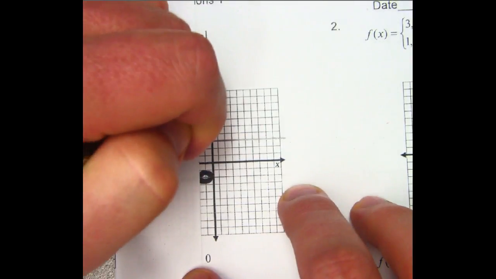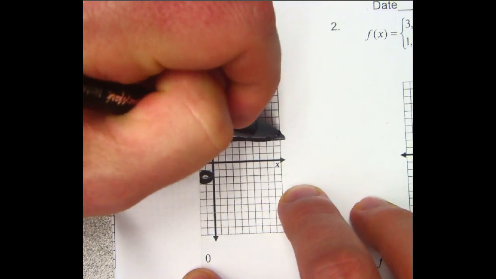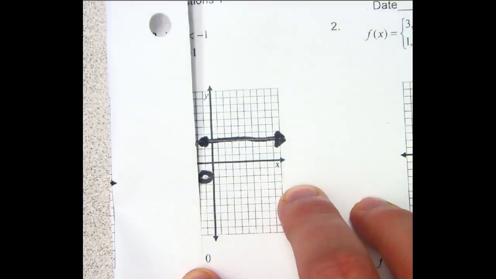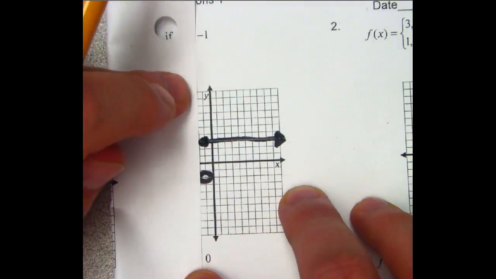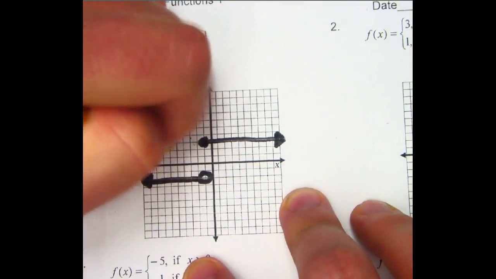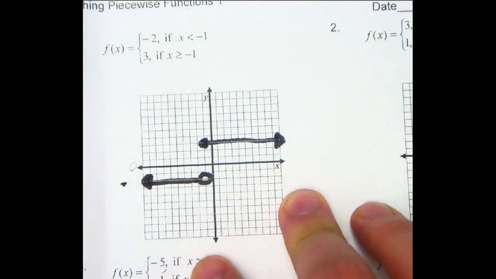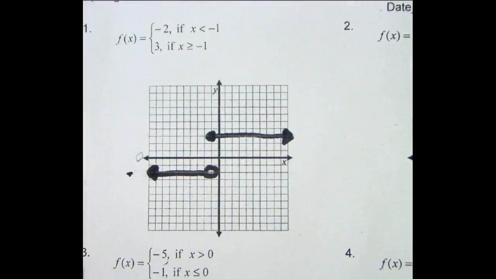And we have a solid dot. And what you see is your answer, and what's underneath is what you erase. Sorry. Okay. So that is your final answer.